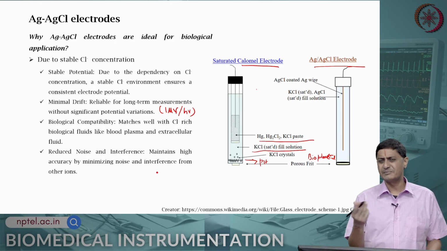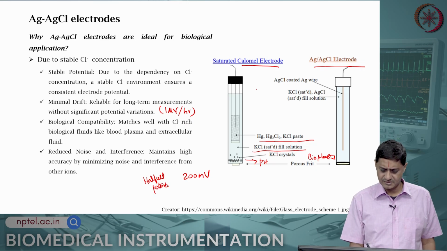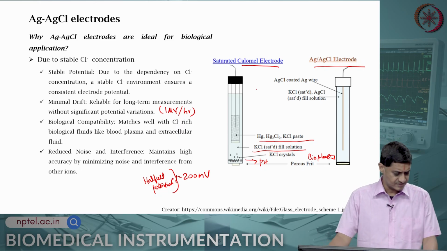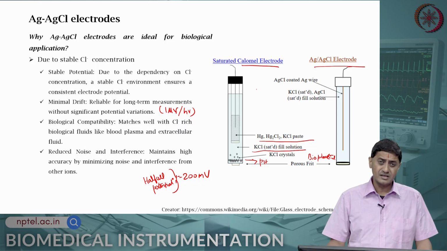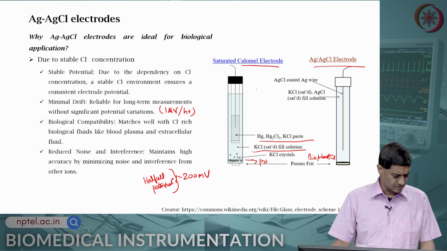There is a typical half cell potential of about 200 millivolts, which is quite reasonable for biopotential recording applications. And it is not toxic. Silver being a noble metal is not toxic and highly biocompatible.